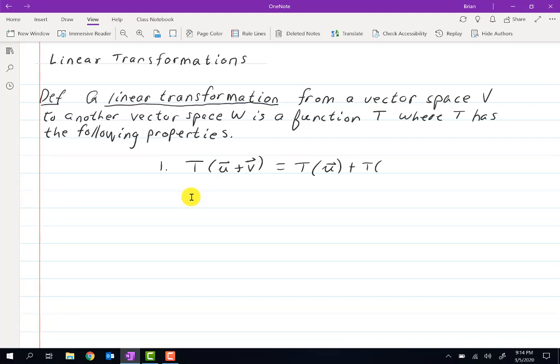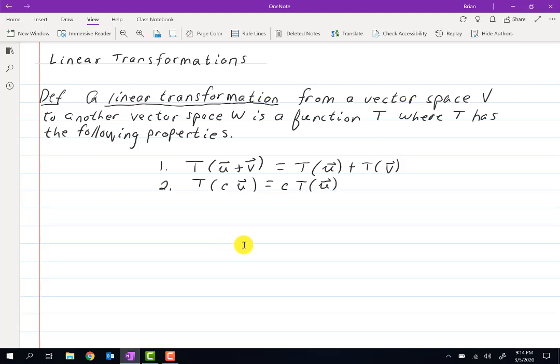This is not something you can do with many functions. And the other one is, if I take T of a scalar multiple of a vector, I can pull the scalar multiple out front.